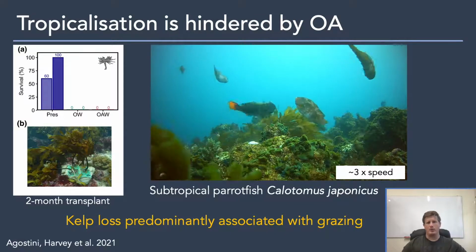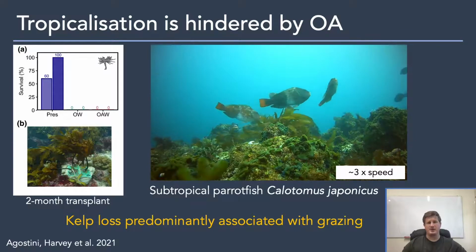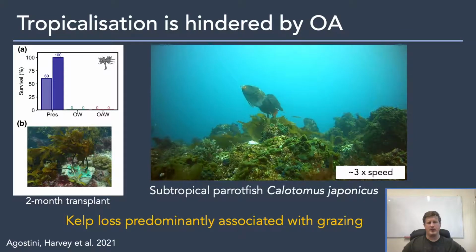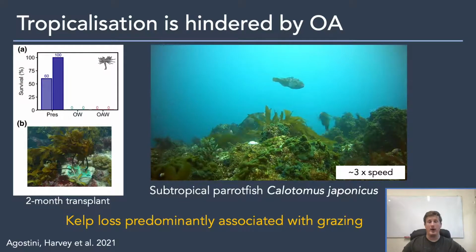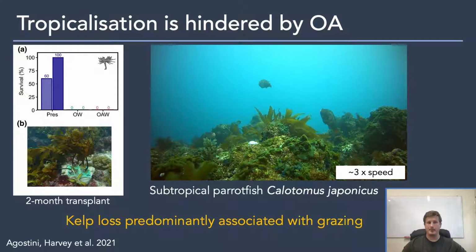And so, whereas we're still not certain as to whether the temperature in Shikine was the direct cause of the loss of the kelp, it was certainly the indirect cause, because it allowed the parrotfish to survive, which themselves then brought about the intense grazing impact.